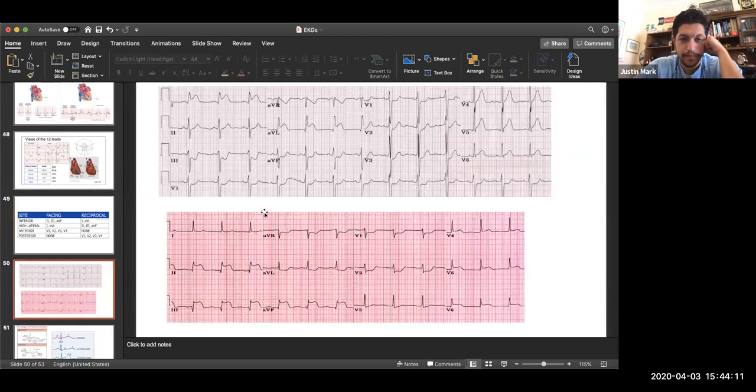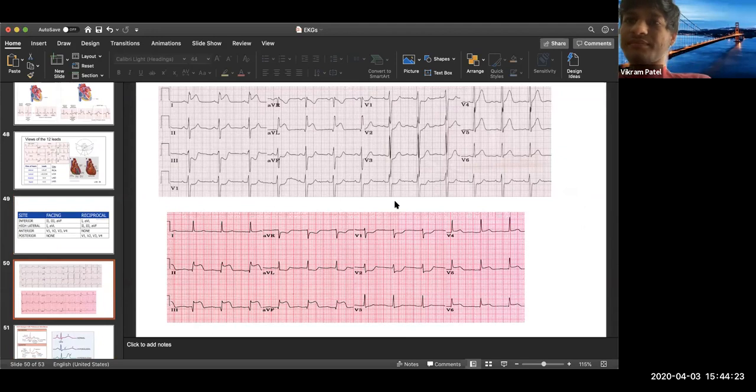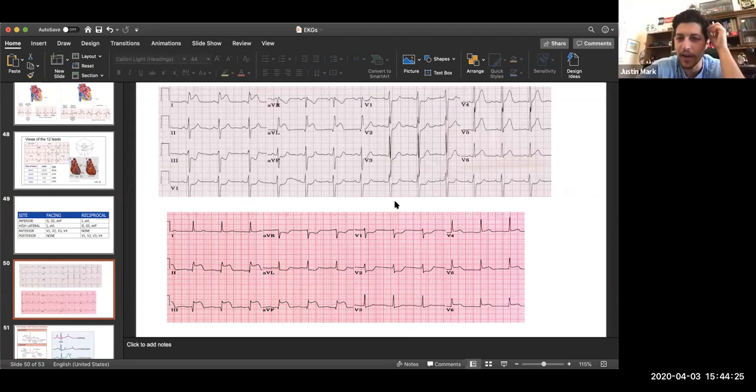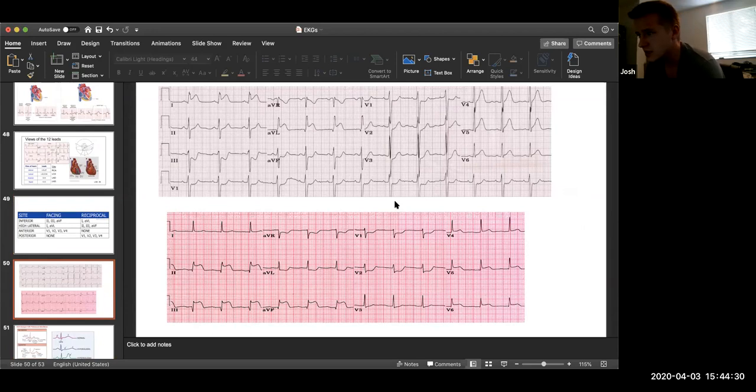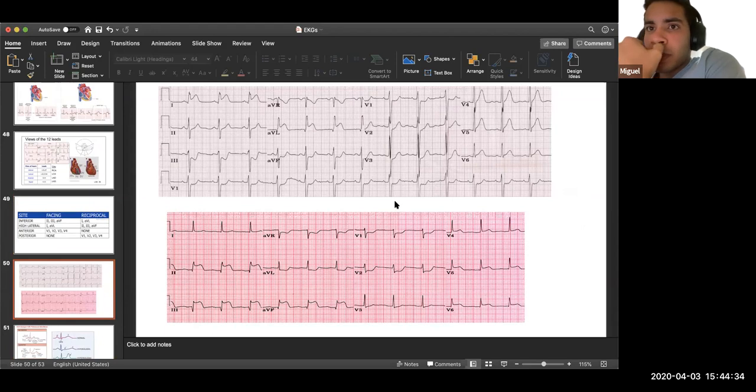All right. So what do we have in the first one? Do you guys want to go through the elevation? Do you guys want to go through rate, rhythm, all that? Yeah, we could do the rate and rhythm. Somebody tell me the rate.